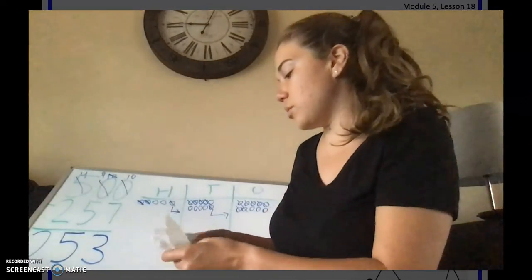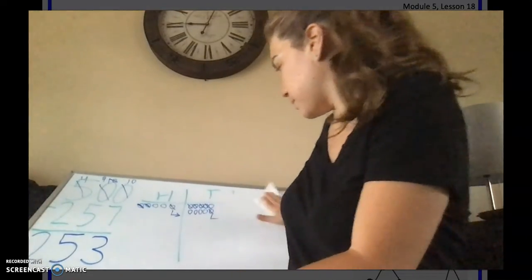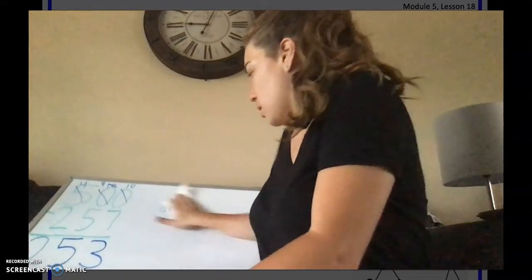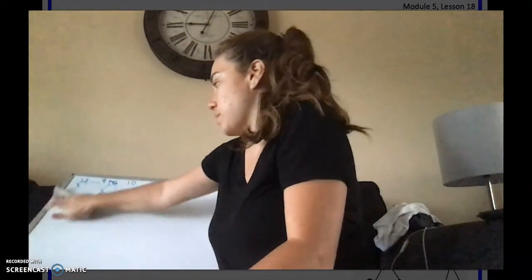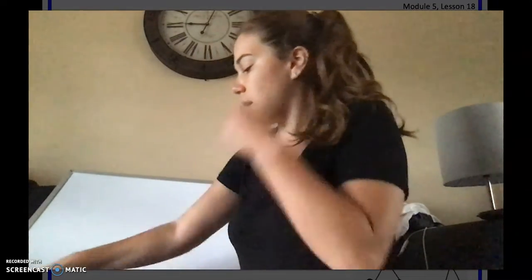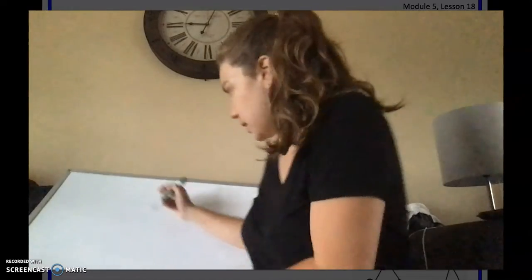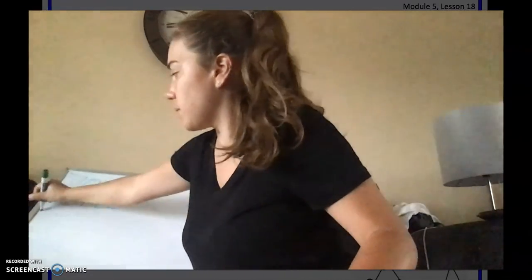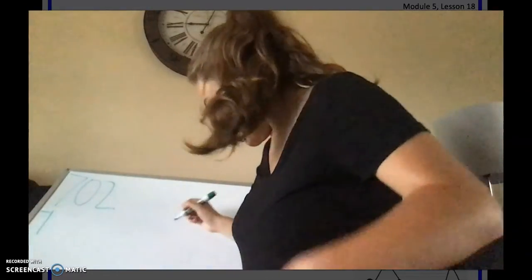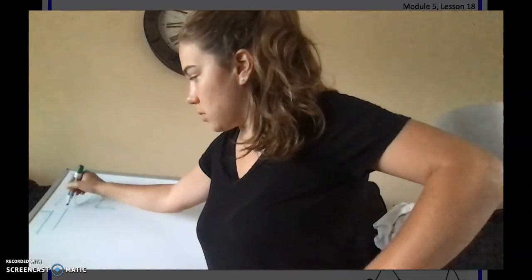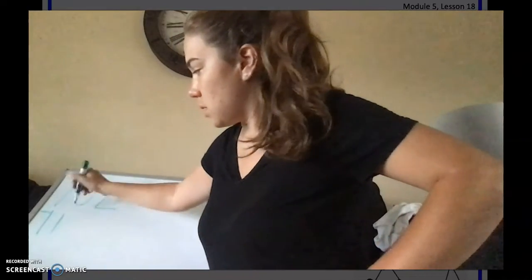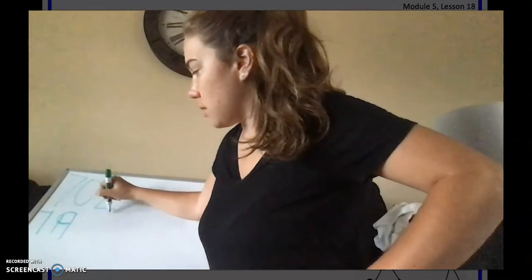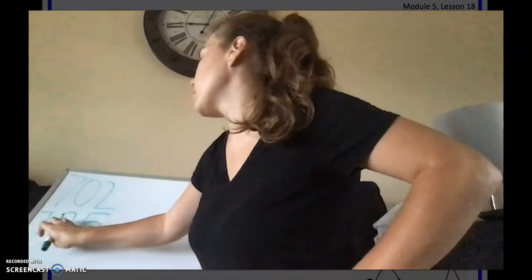So now we're going to move on to our next problem. And we're going to be using our place value chart again for this one. So this one is 702 minus 195.